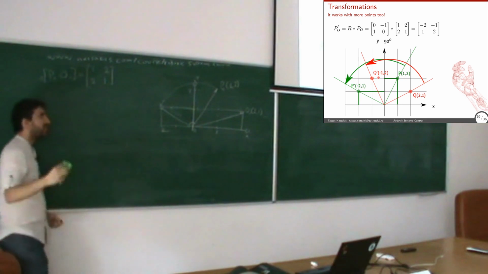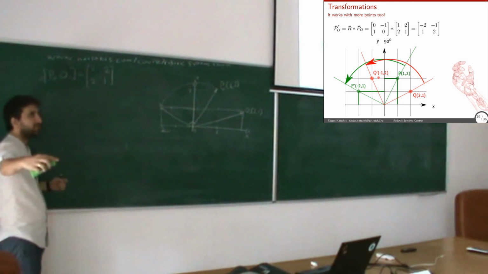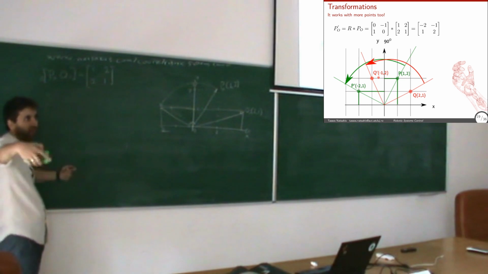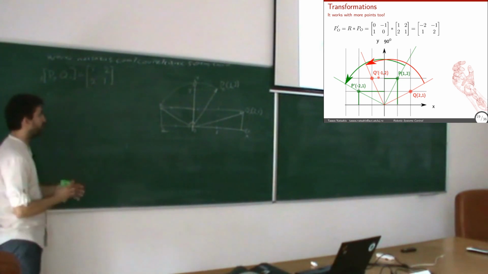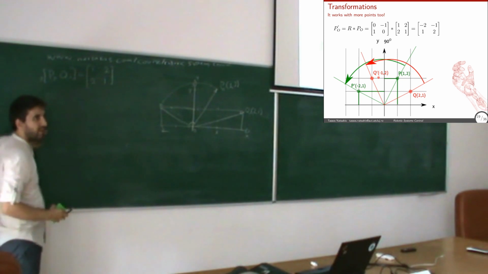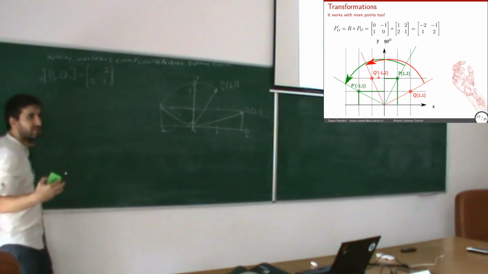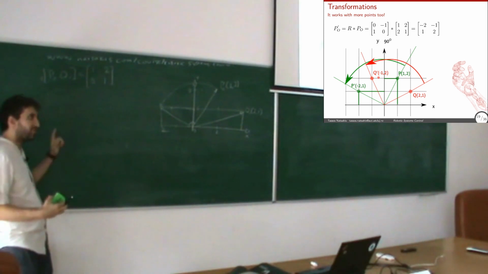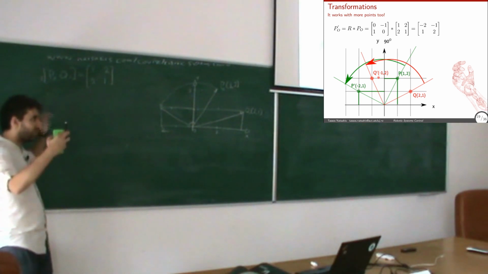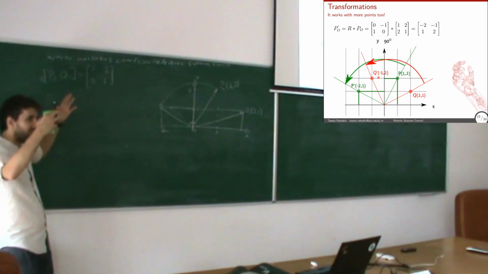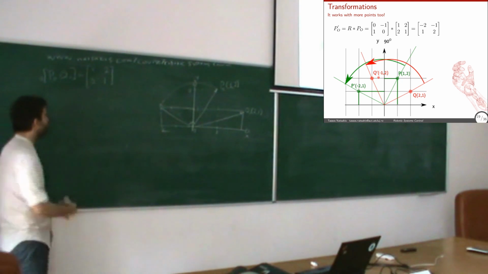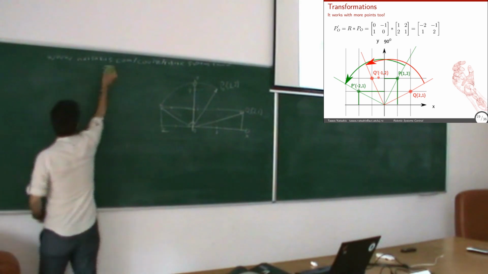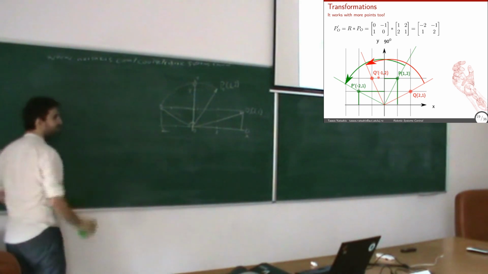Or let's go back. 1 dimension, how many rotations? 0. No, I cannot rotate around anything. I'm stuck on the line. If I'm in 2 dimensions, I'm on a plane, I can rotate around the plane. So from 1 dimension 0, 2 dimensions 1, 3 dimensions 3. Let's see. And then you'll tell me about 4 dimensions.